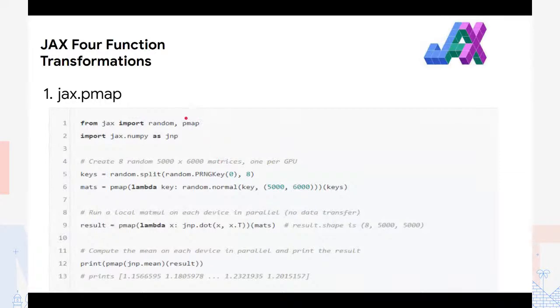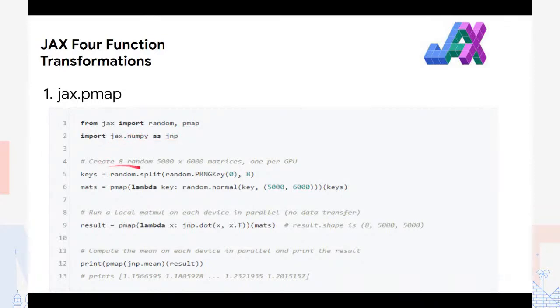Fine. So let's go to this snippet of code to go deeper. First of all, we're importing random and the pmap function from JAX. And of course, we will call JAX numpy, because whenever we have arrays, matrices, or any of those matrix operations, we always call JAX numpy.